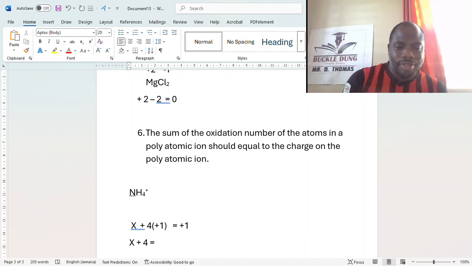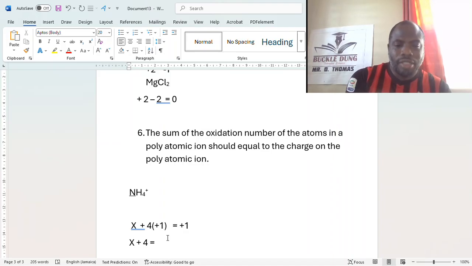So is it that we're not engaged and we're not following? You not hear me? Yeah, so if x plus 4, and I know that each hydrogen is 1, that is equal to plus 4. So x plus 4 equal... No, we're continuing the equation. I was just testing to see if persons were following.